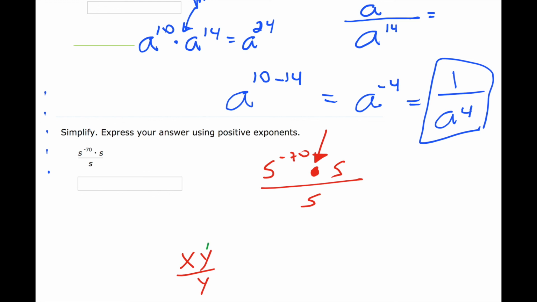Okay, well, you can go like that. What's that answer? It's just x, right? Since you're multiplying right here, watch. You can do this. All right, if you do that, what do you get? S to the negative 70, and that's the same thing as what? We totally know this. 1 over s to the 70. Put it in.